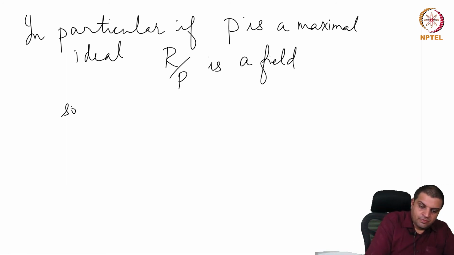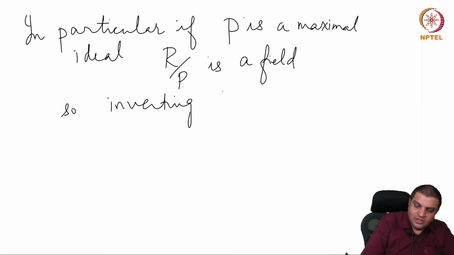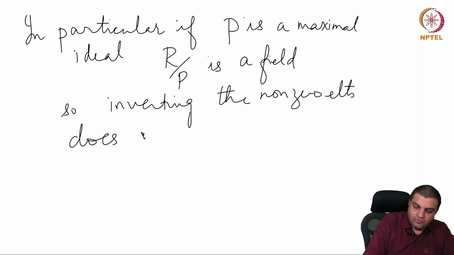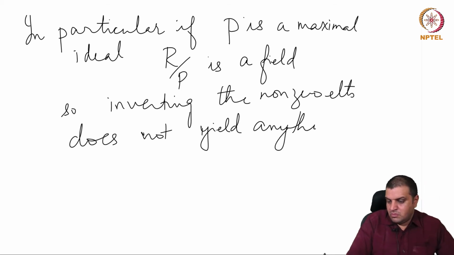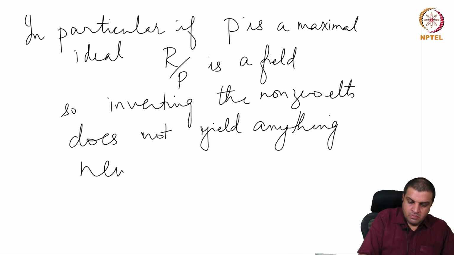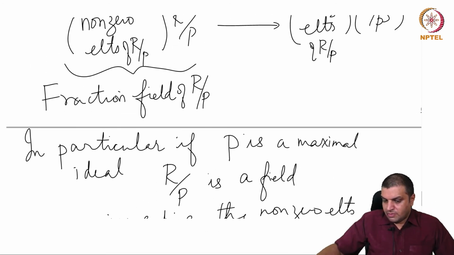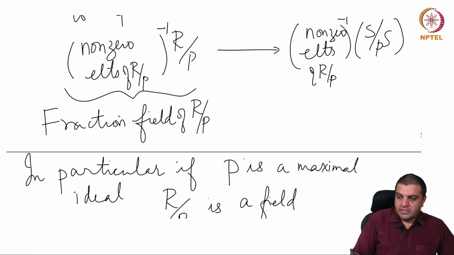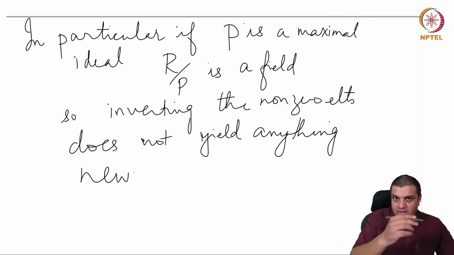So inverting the non-zero elements does not yield anything new. So this is an important point, which will be useful when we go back to analyzing that parabola.